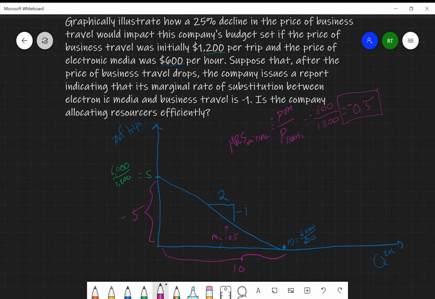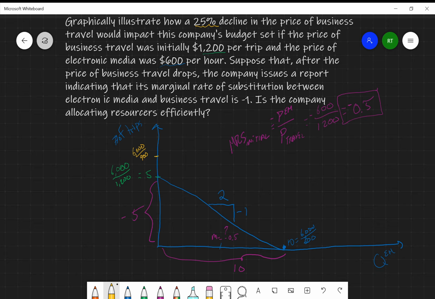Now, we're told that the price of business travel is going to drop by 25%. So a 25% drop means that now instead of things being $1,200, they're now $900. So we are going to have a new intercept somewhere around here that's equivalent to 6,000 divided by the new price of travel, which is 900.